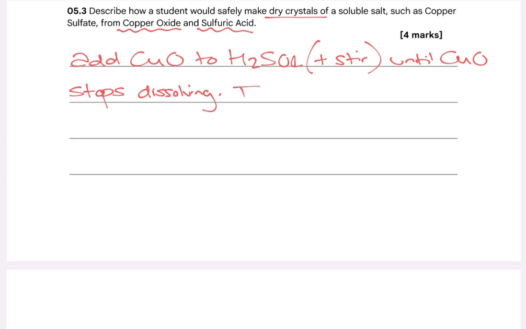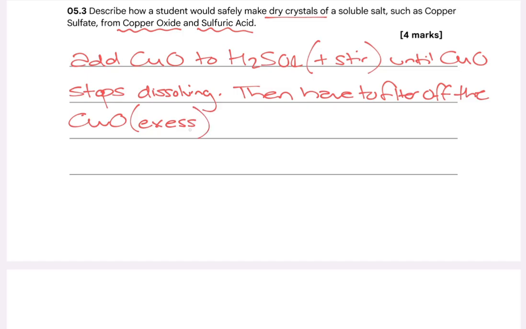We then have to filter off the copper oxide, which was left in excess, so we want to get rid of that excess solid. Once we've filtered off the copper oxide, this will allow us to obtain the copper sulfate solution.